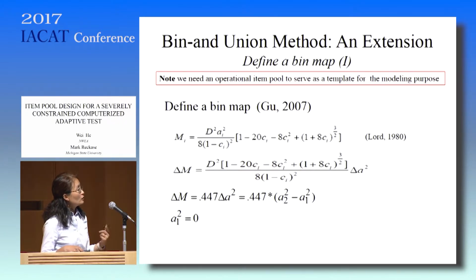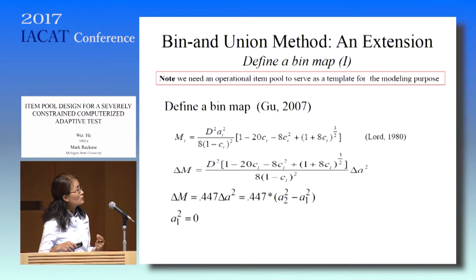So for that, Lord's formula came to help. We know that the item's information is proportional to a quadratic function of the A parameter, as given by this formula. If we slightly rearrange this formula, we end up getting this.